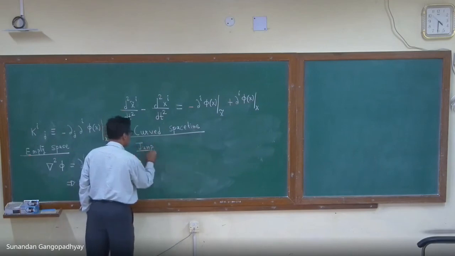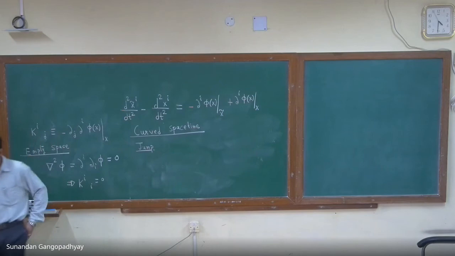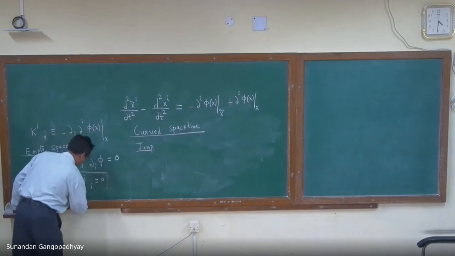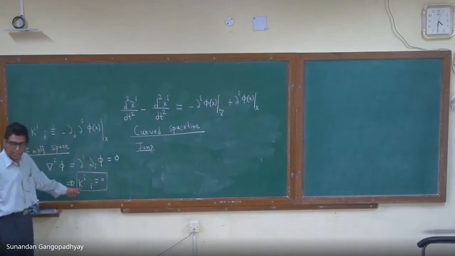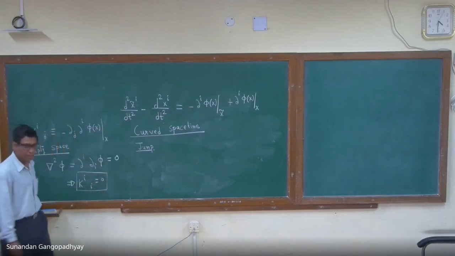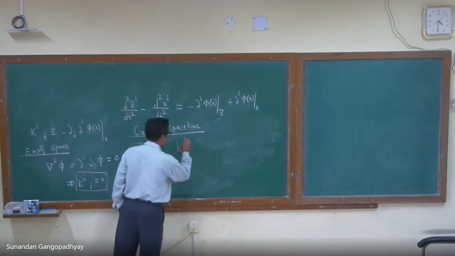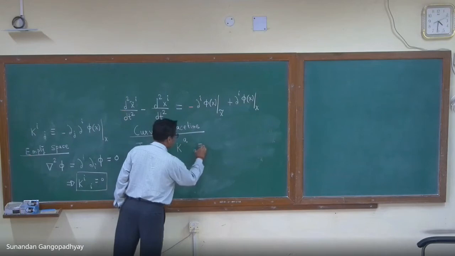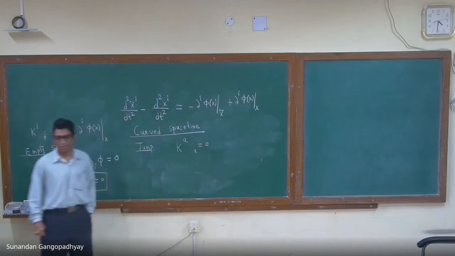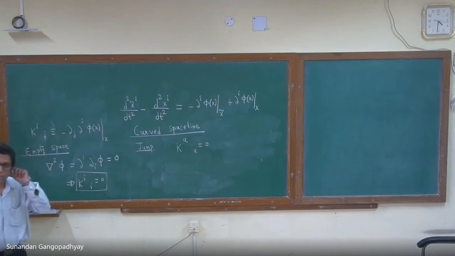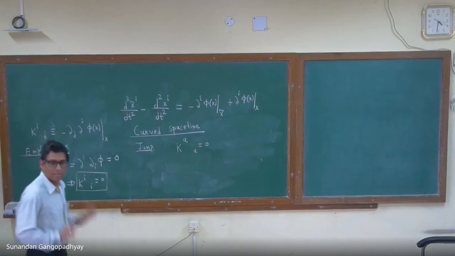This is the jump. We generalize this equation to curved spacetime and write the corresponding equation in curved spacetime to be this. This is a jump. If you ask me why have you made this jump, I have no answer.